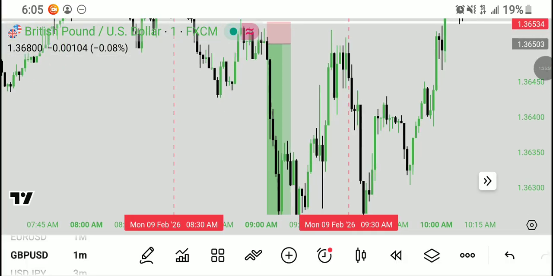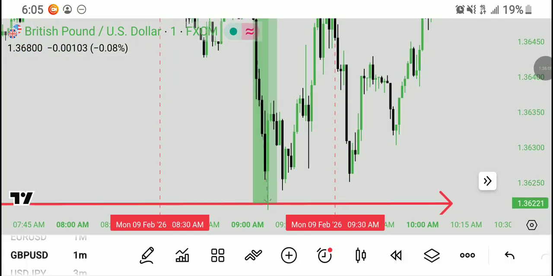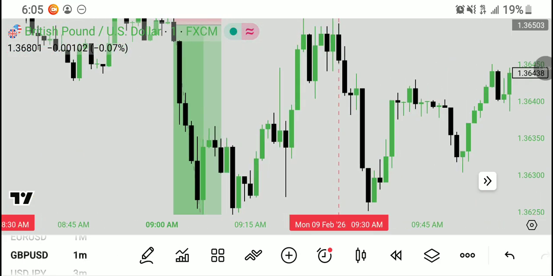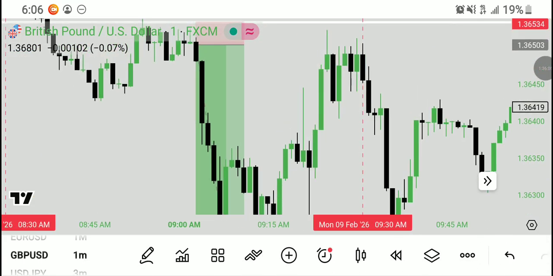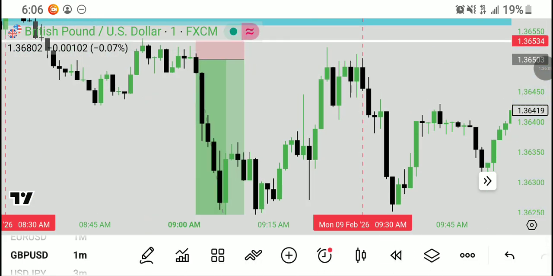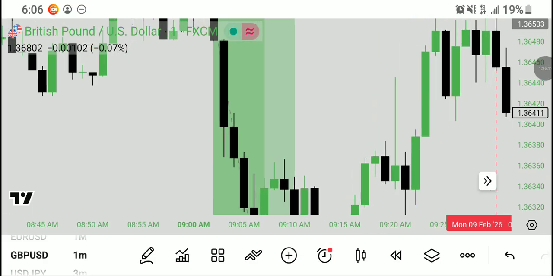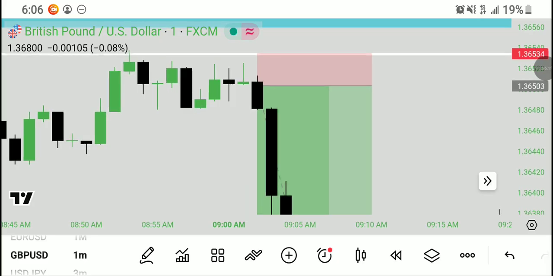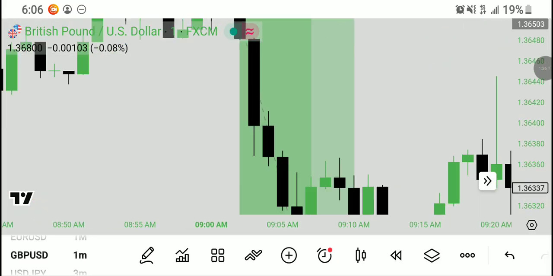There's not much. I'm not looking for many things. Once I get this, I'm okay for 8:30. You can see 9.1 ROR, and there's not much. There's no pressure. Market run.